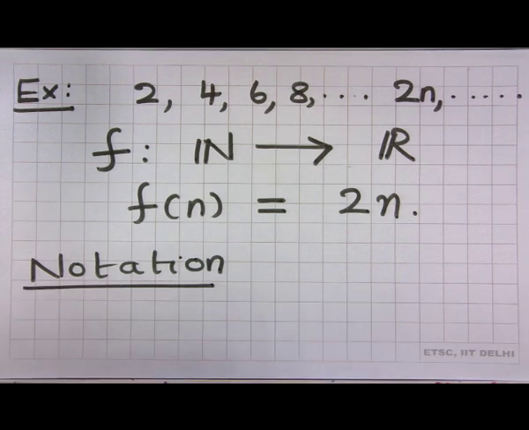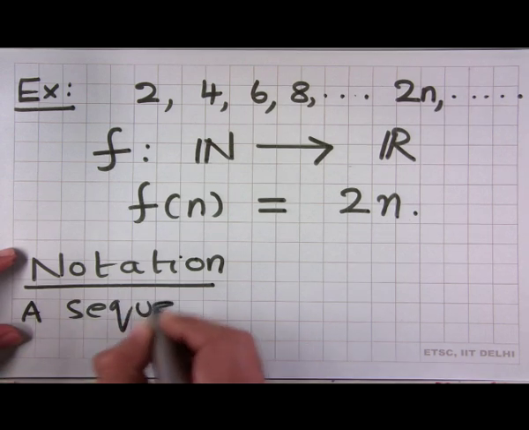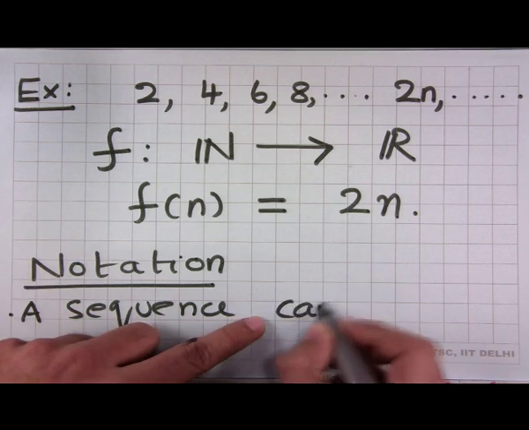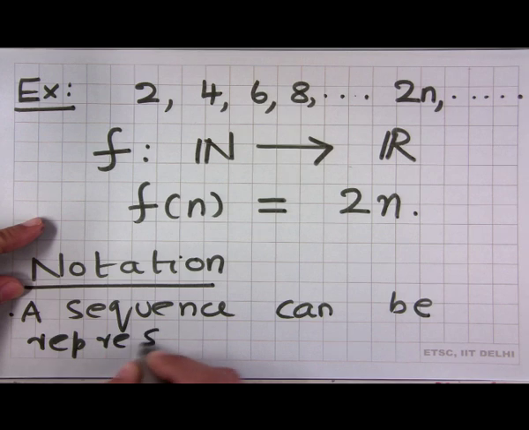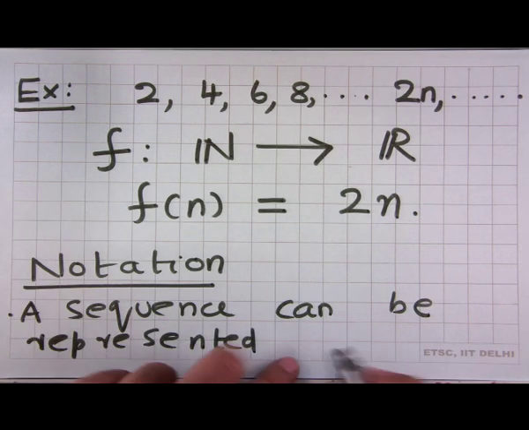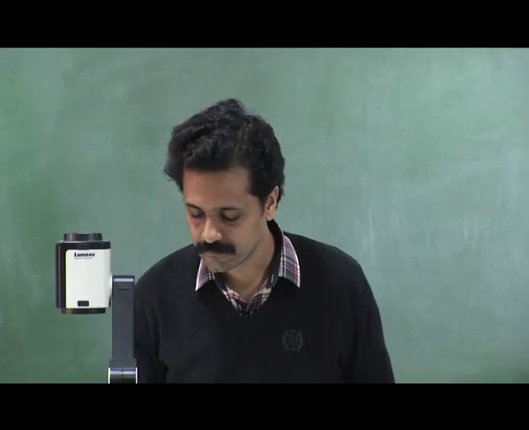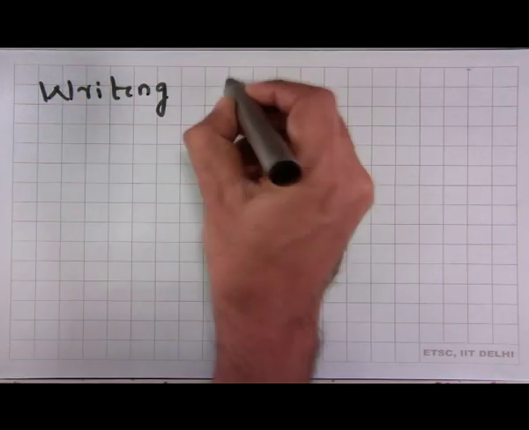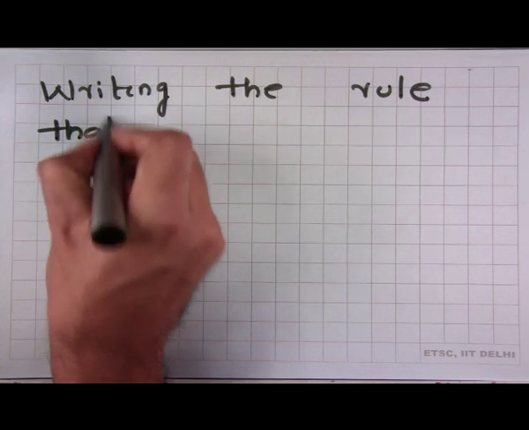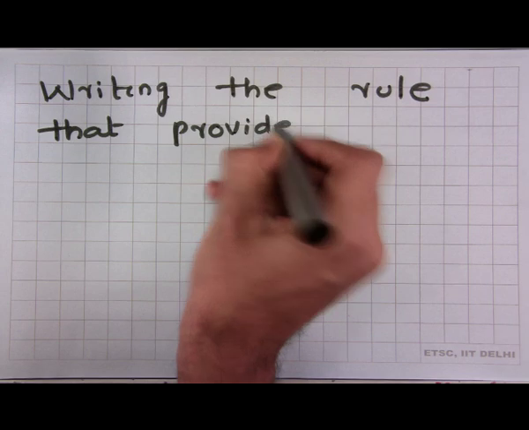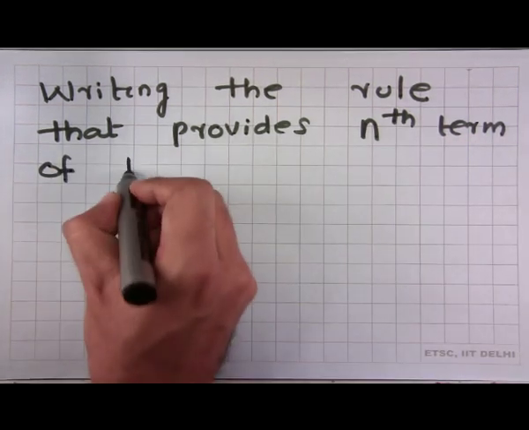A sequence an can be represented or described by writing the rule that provides the nth term, a general term of the sequence.